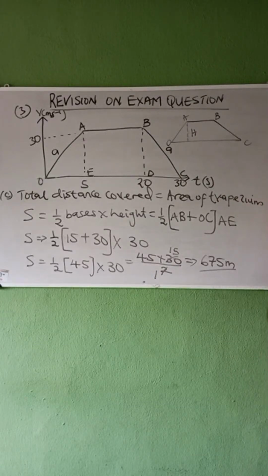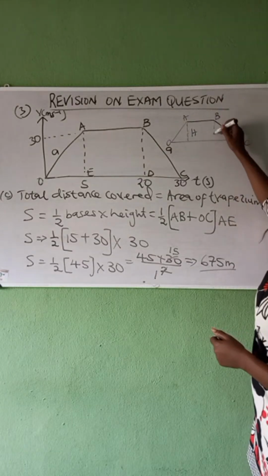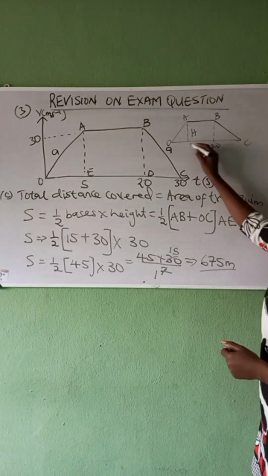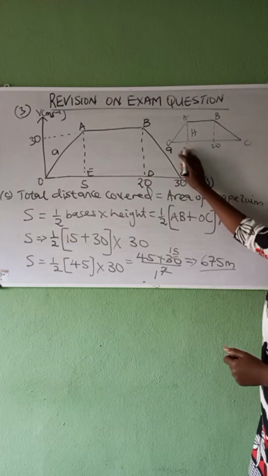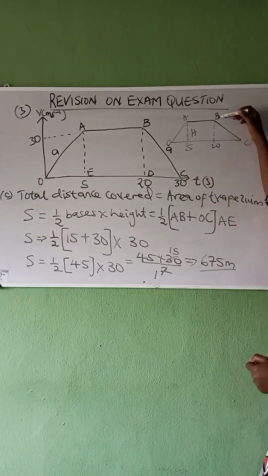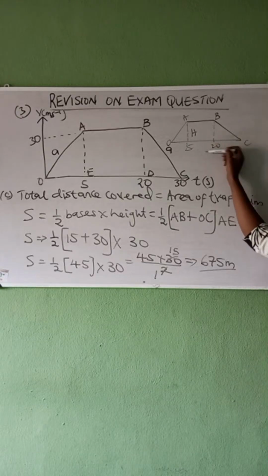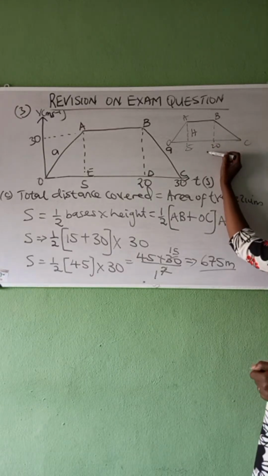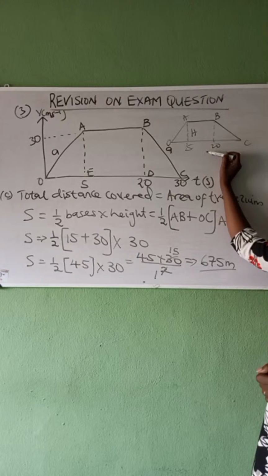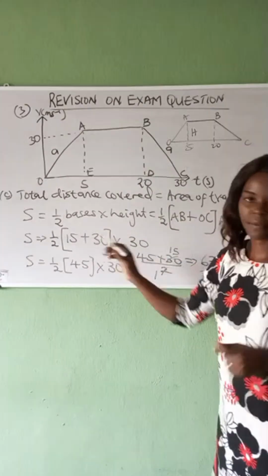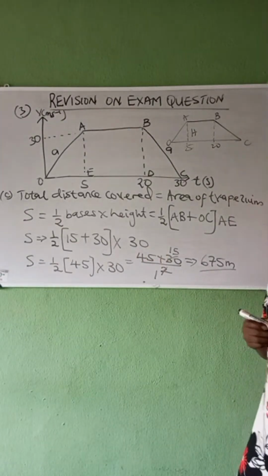Now what's my line AB? I have a line here. I have 20 and what? And 5. Right? For you to know what this line stands for, you're going to come here and find the difference between them. That is 20 minus 5. It's going to give me 15. That's why I have 15 here. Is that clear?